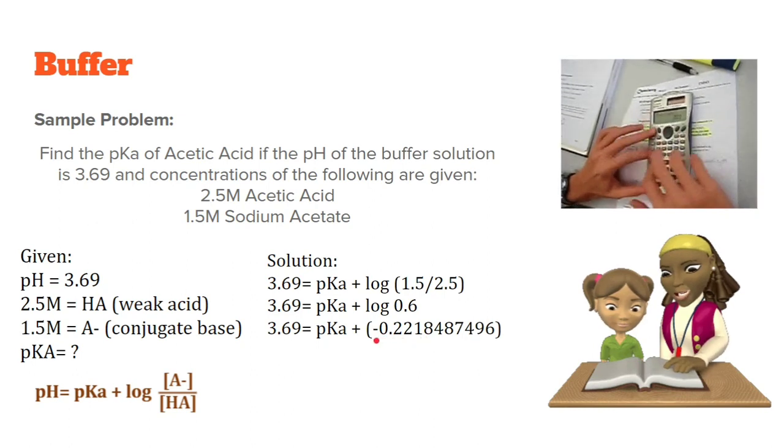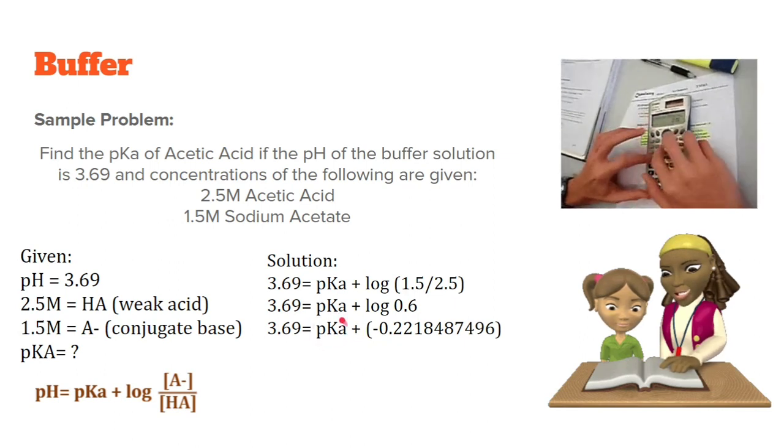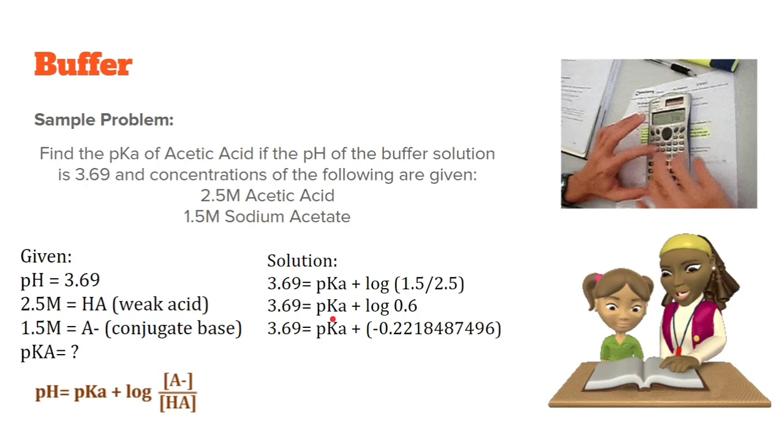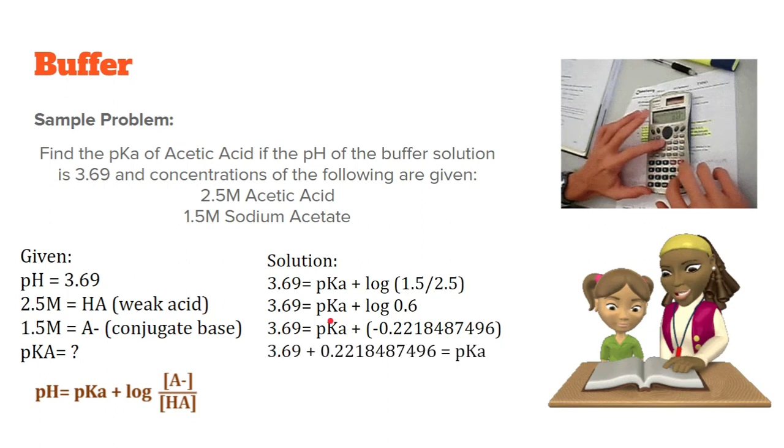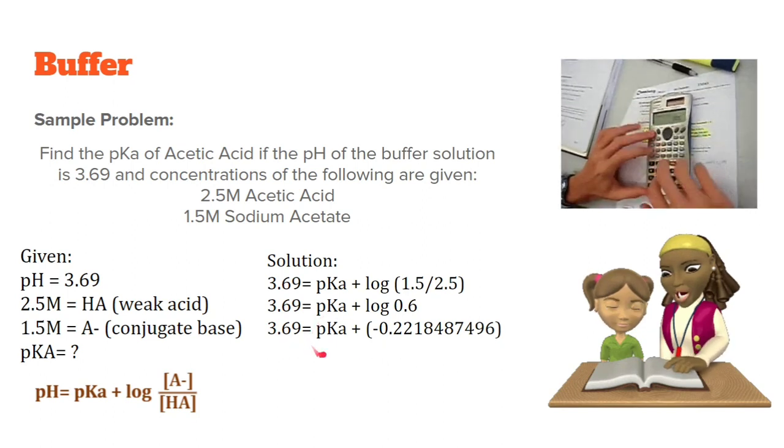Next step, how do you get the pKa alone? Rules of math. This one can be moved to the other side of the equation so that only your pKa is retained. Again, I repeat, ma'am, how do I get only the pKa since these are my values?